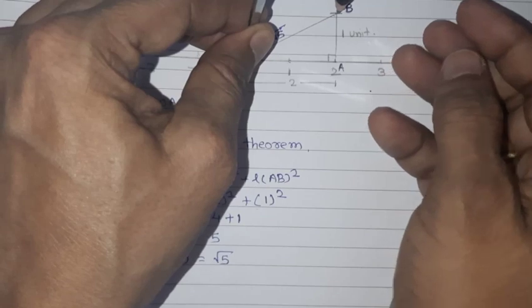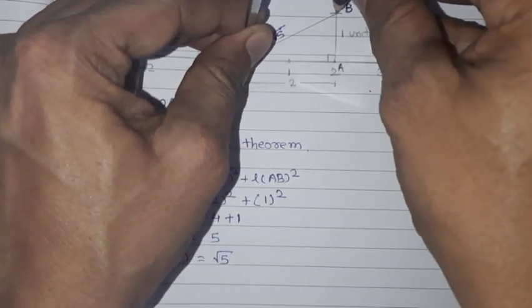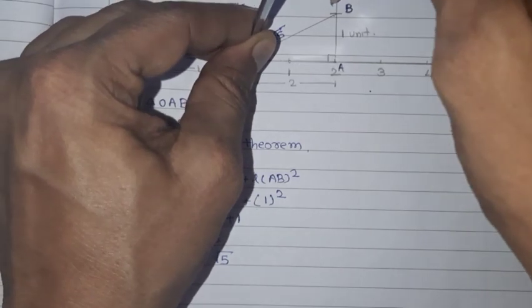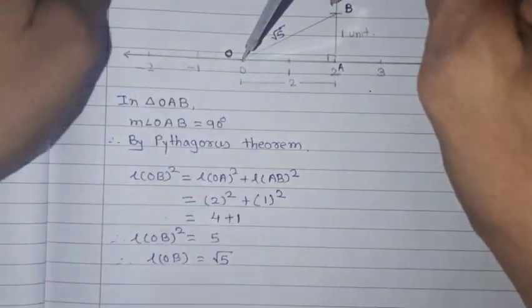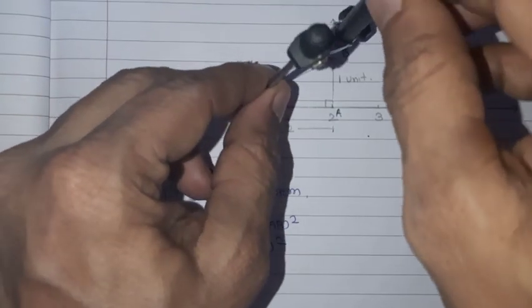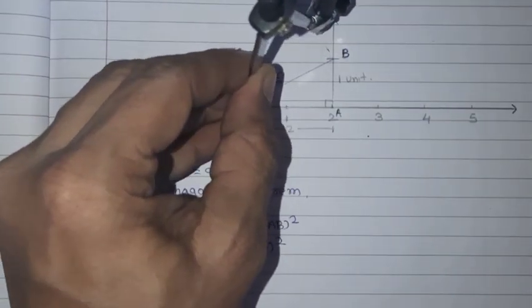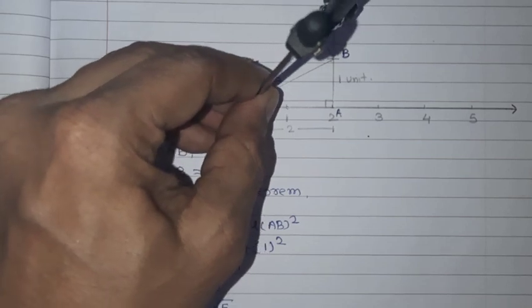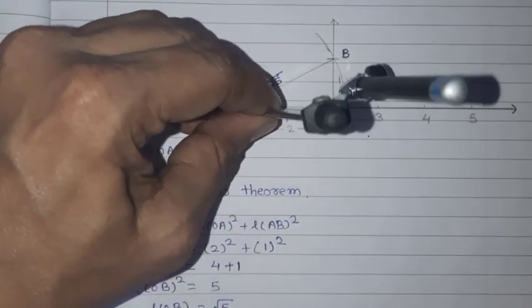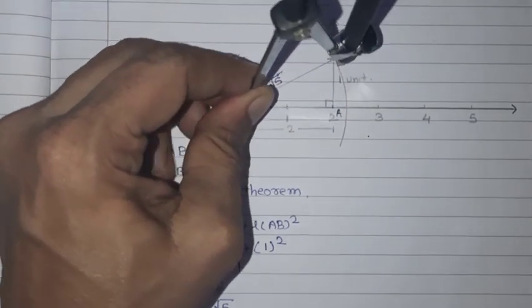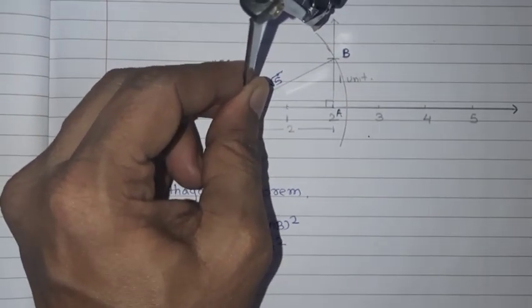Now with the help of this compass we have to make the arc like this. See dear students, with the help of this compass we are drawing the arc on a number line like this.